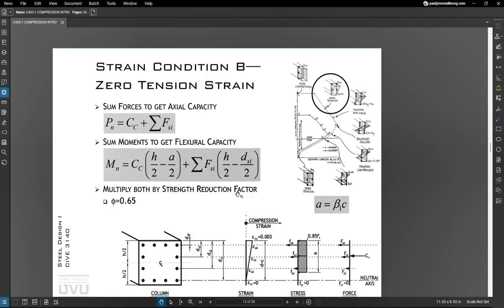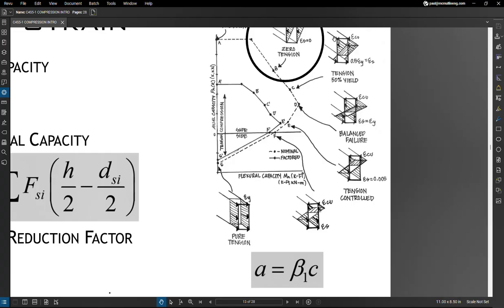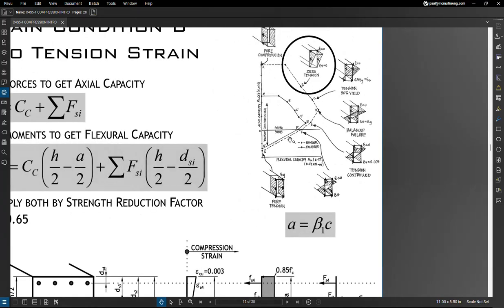Eventually that becomes larger, which helps us. So anyway, we basically use this concept to work our way around these different points based on these different strain conditions. And then we just connect the dots, apply phi factors, and then we're good to go.